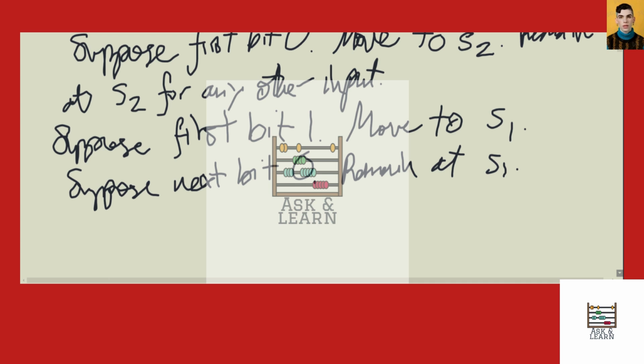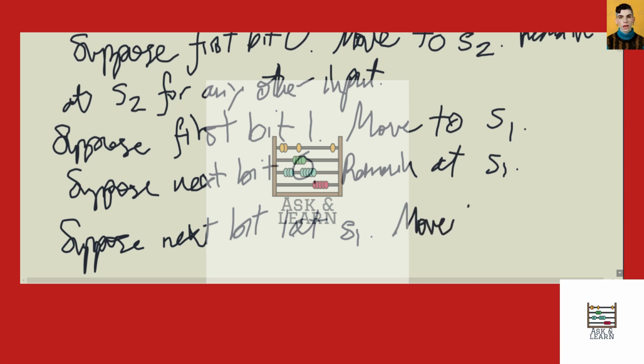But if the next bit is a 1, then we'll want to move to another final state. So suppose that the next bit is a 1 at the state S1, then we'll want to move to another final state S3.